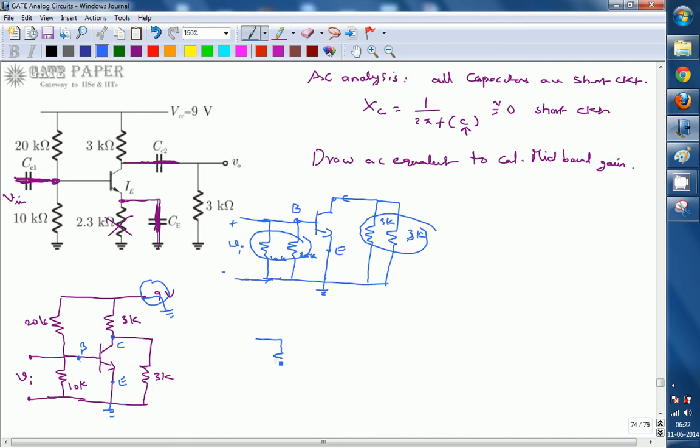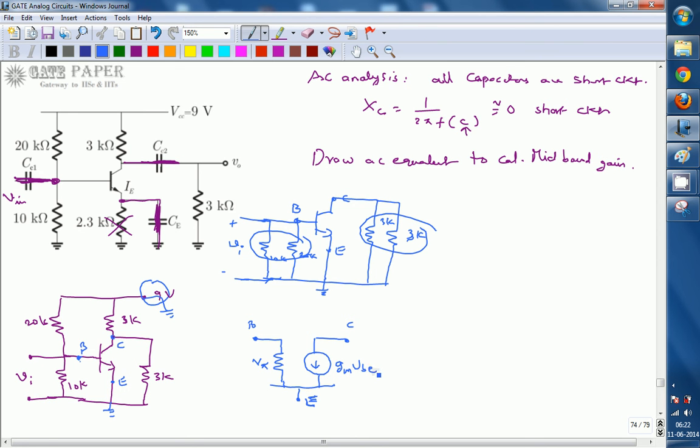This is the simplified hybrid pi model for the common emitter. So this is base, and it is emitter, this is emitter, and it is collector. This is going to be treated as R pi or RBE, and this is nothing but gm VBE. VBE is the voltage between base and emitter.